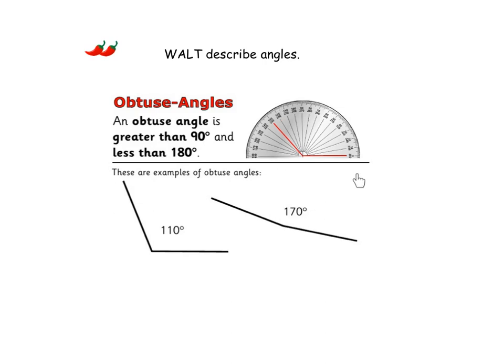This one here is 170, so it goes all the way around to 90, 100, 110, 120, 130, 140, 150, 160, 170. That's very big. And we call these angles that are between 90 and 180 obtuse angles, obtuse.